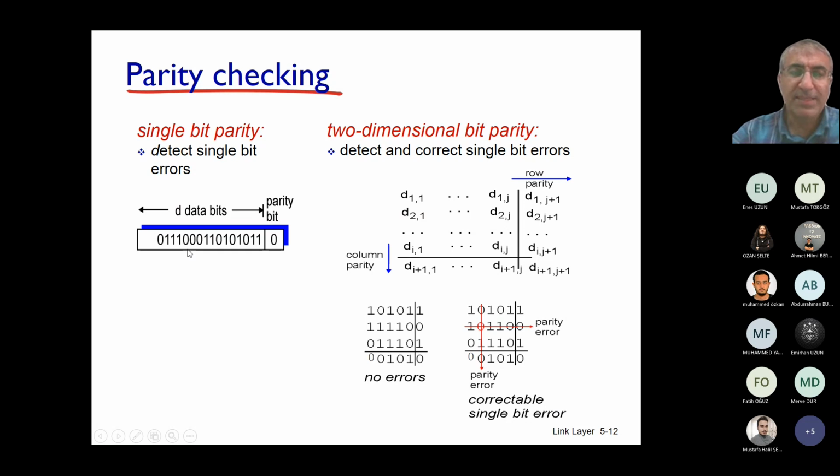So let's look at an example. We have these D data bits, as you see, and then we have one single parity bit. This example is for odd parity checking. How does it work? You first count the number of ones in the data bits.